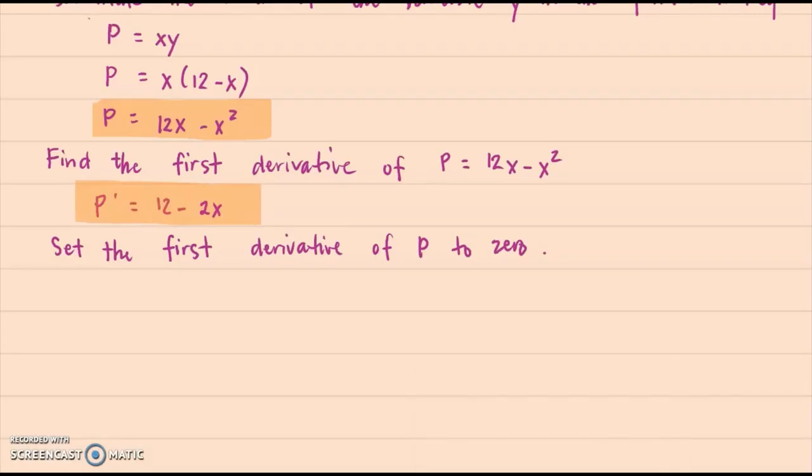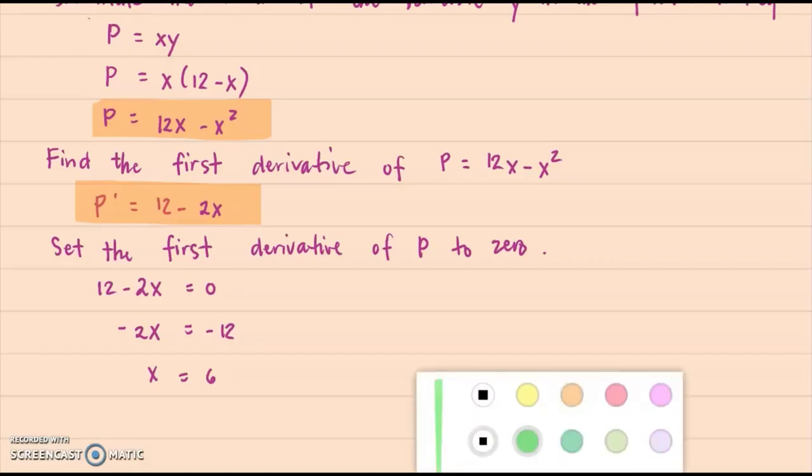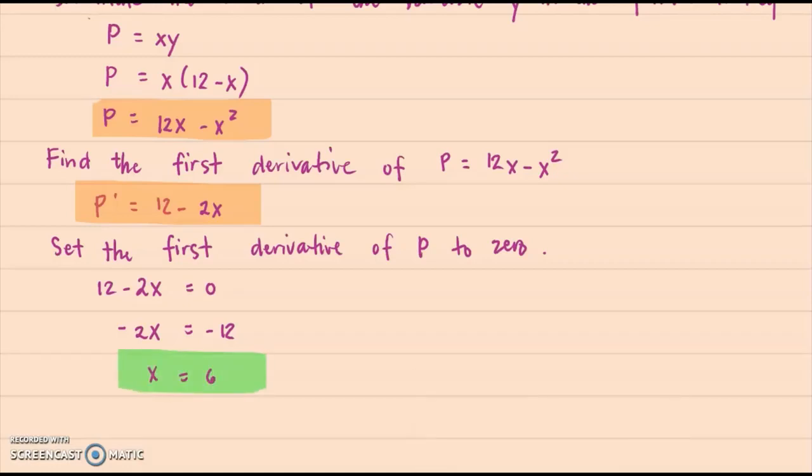So we have 12 minus 2x equals 0. Negative 2x is equal to negative 12. Solving for x, we have x is equal to 6.